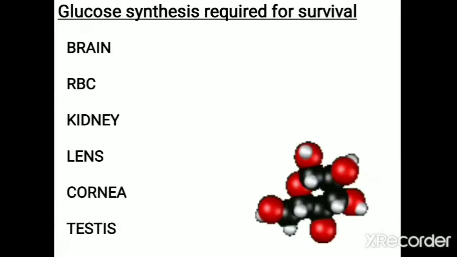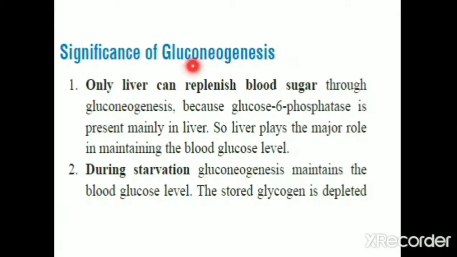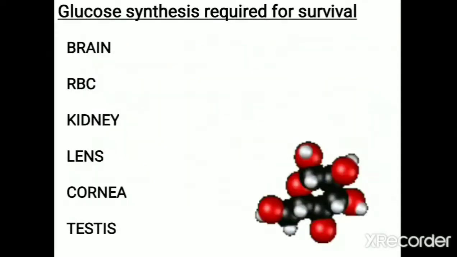Then you should write the subheading: what is the significance of gluconeogenesis? That is also very important. There are certain tissues like RBC, neuronal tissues, kidney, lens, cornea and testes. These tissues prefer glucose as the metabolic fuel.